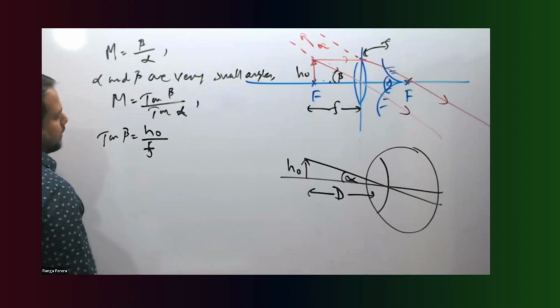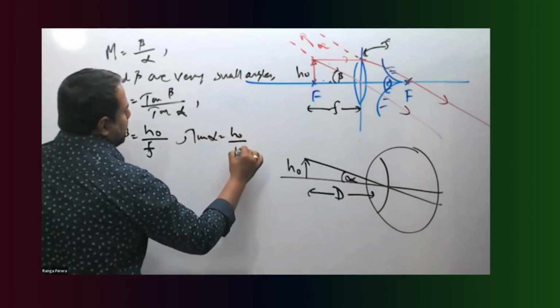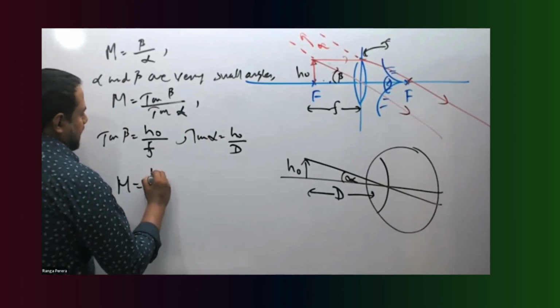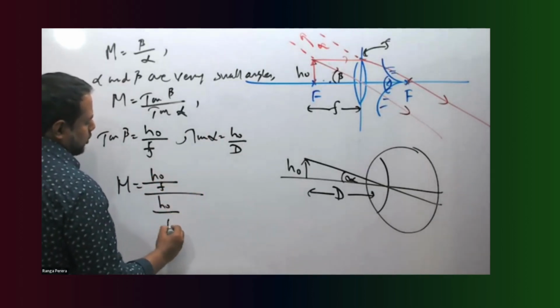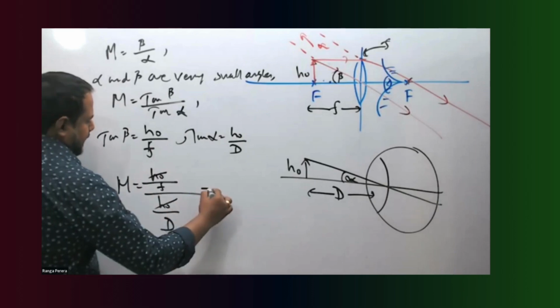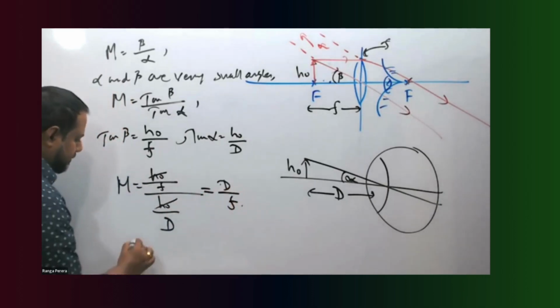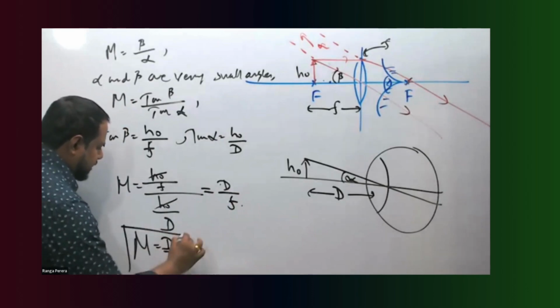Tan alpha is h naught over d. Now capital M equals (h naught over f) over (h naught over d). H naught cancels. Capital M equals d over f.